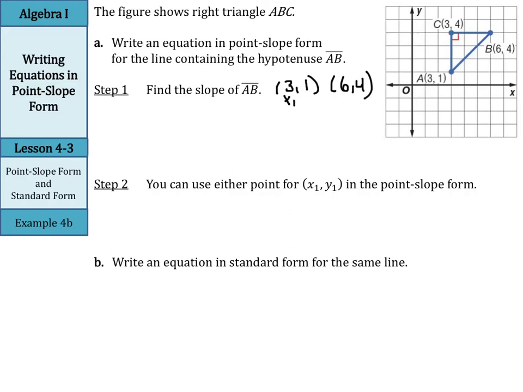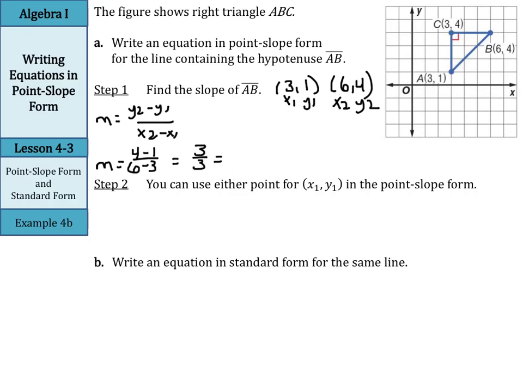And if I call this ordered pair x1, y1, this ordered pair x2, y2, slope, remember, is y2 minus y1 over x2 minus x1. So slope: y2 is 4, y1 is 1, x2 is 6, x1 is 3. And this simplifies into 3 over 3, which is just, hey, an easy one of 1.